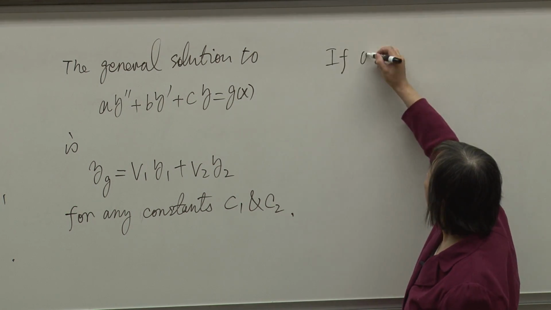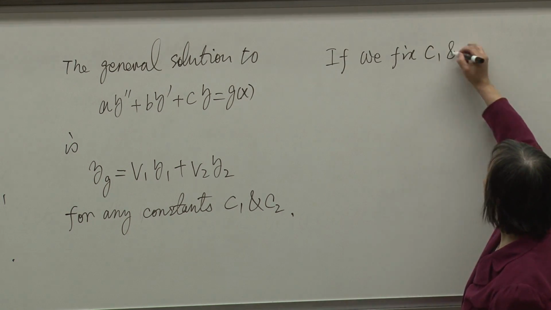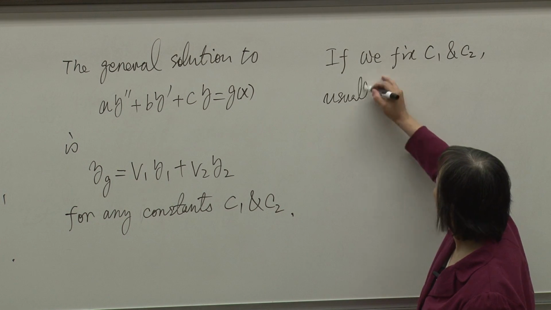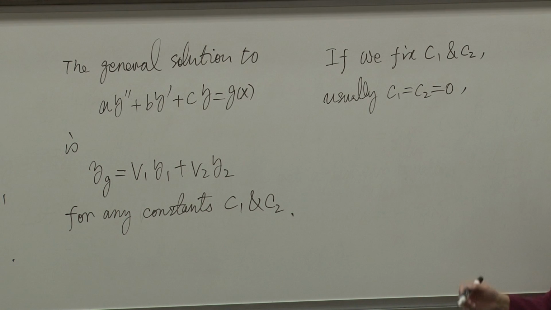But if we fix c1 and c2, usually we would choose c1 and c2 to be 0. This is just convention.